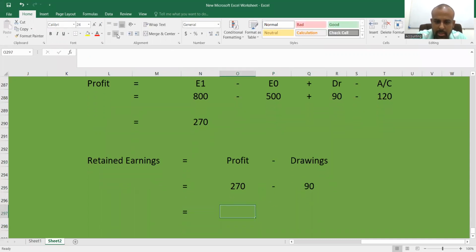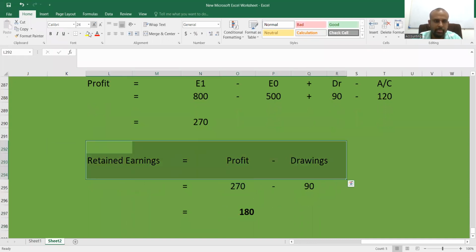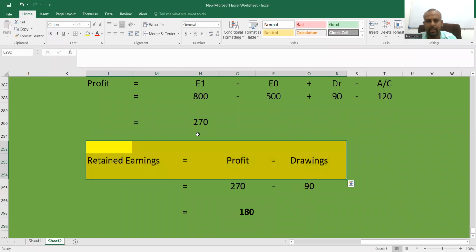Retained earnings how much? 270 minus 90, rupees 180,000. So retained earnings are rupees 180,000. Right. Retained earnings of the business rupees 180,000.